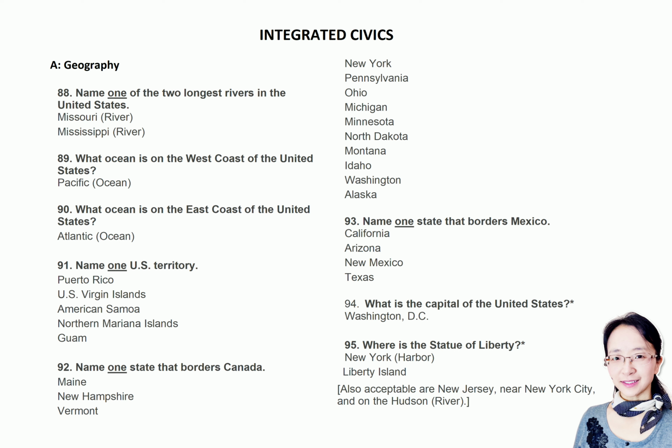Name one of the two longest rivers in the United States: Missouri River, Mississippi River. What ocean is on the west coast of the United States? Pacific Ocean. What ocean is on the east coast of the United States? Atlantic Ocean.